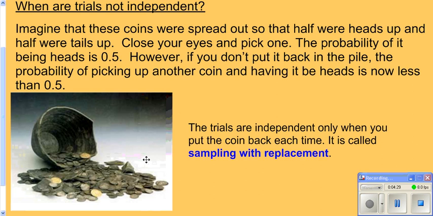Now, if you keep that coin in your hand, it's no longer 50% for going back and getting a second coin for being a head, because there's no longer an equal number of heads and tails left there, because you chose one and you kept that in your hand. And so then there's more heads or more tails than the other one.